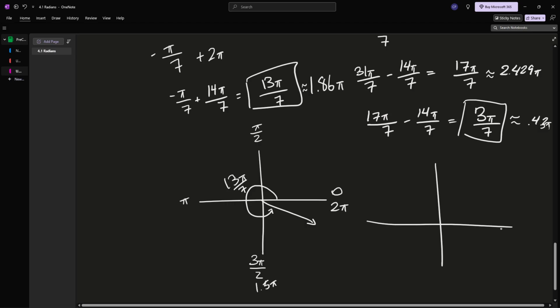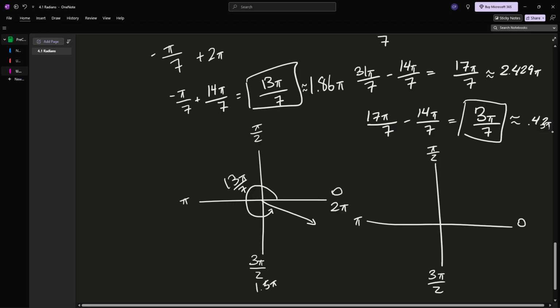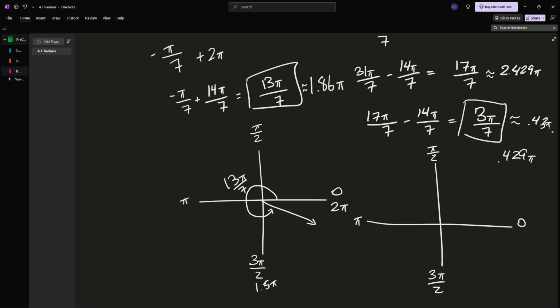Let's do it again. I have 0, pi over 2, pi, 3 pi over 2. We said before this is 0.429 pi. It should be in between 0 and half a pi, and much closer to half a pi. So let's put it right there. And this angle will be 3 pi over 7.